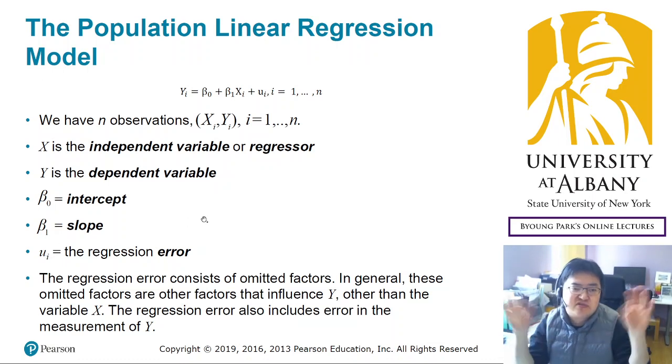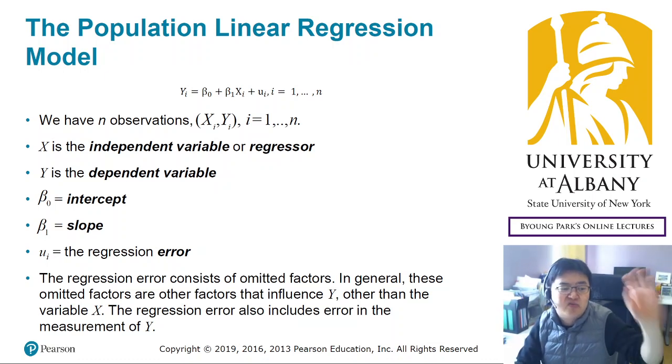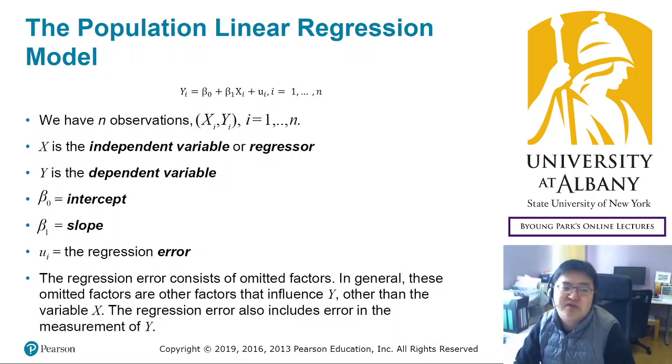So just like a kitchen sink, everything is thrown into the error term. Say average family income, or average subsidy from the government, or whatever, like teachers' salaries.